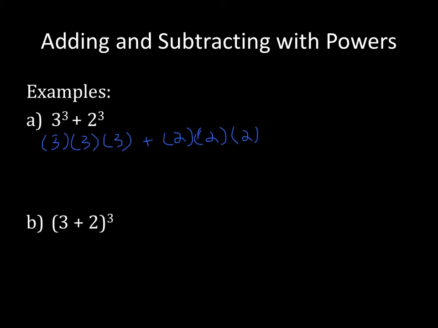And that's equal to 27 plus 8, and that is equal to 35. So 3 cubed plus 2 cubed is 35.